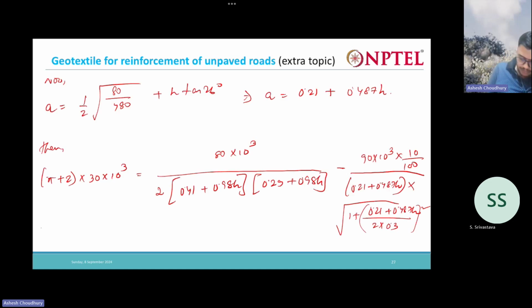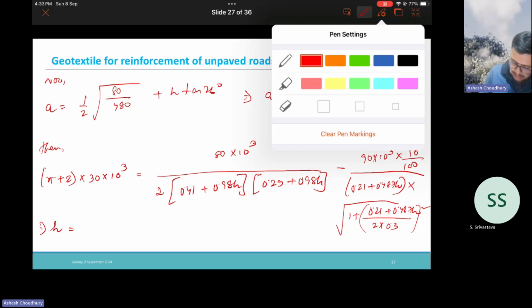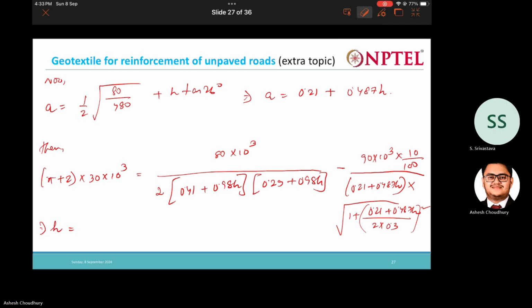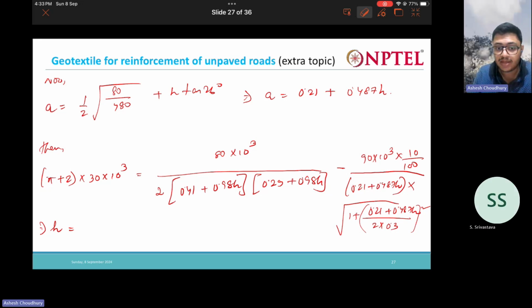So now find out h from here. Do trial and error and find out h, please. This is a little bit difficult to solve by hand, right?